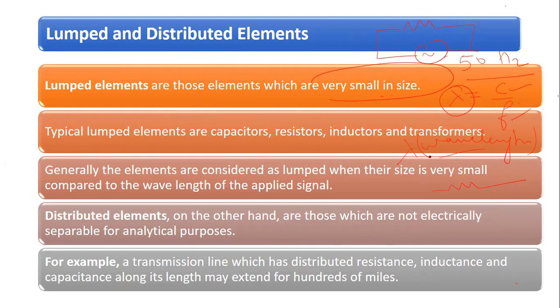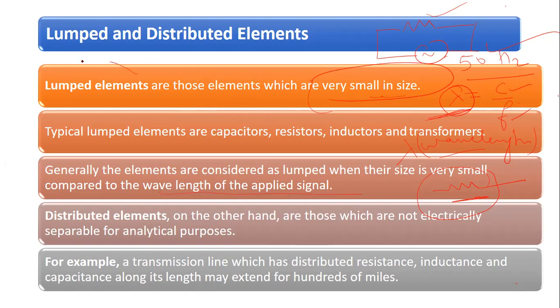You all have seen a resistor, it is very small. When you compare this wavelength with the size of a resistor, this resistor is incomparable. You cannot compare the size of a resistor with the wavelength of the 50 hertz signal given to it. So we can say that the size of the resistor is very, very small as compared to the wavelength of the applied signal, right?